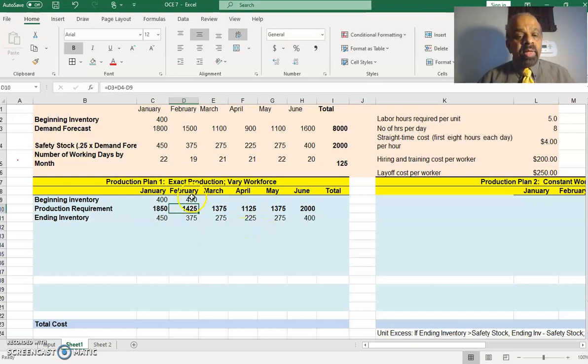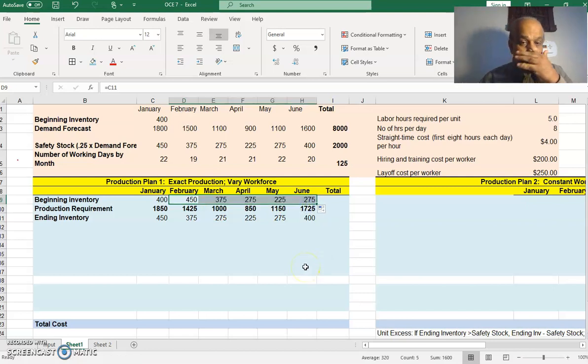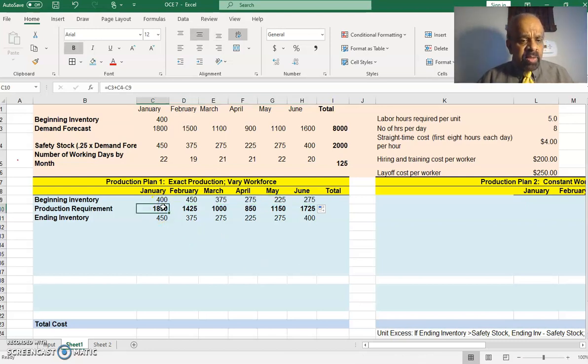Then I'm going to use this as my beginning inventory, and everything changes. So I have 1850 as the production requirement for January, 1425 for February, 1000 for March, 850, 1150, and 1725 for the rest of the months. So now I have the production requirements.